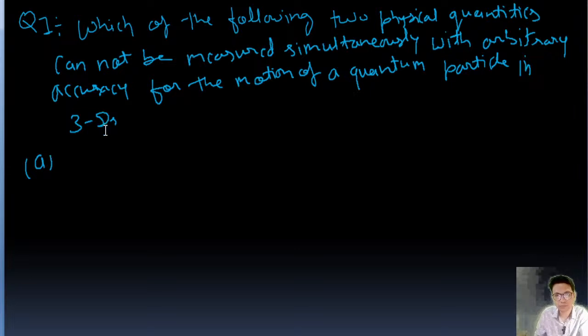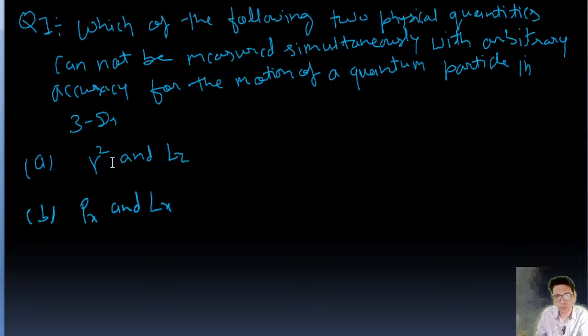Options are given. Option A is the square of radial position and z component of angular momentum, means r square and Lz. Option B is x component of linear and angular momenta, so this is px and Lx.